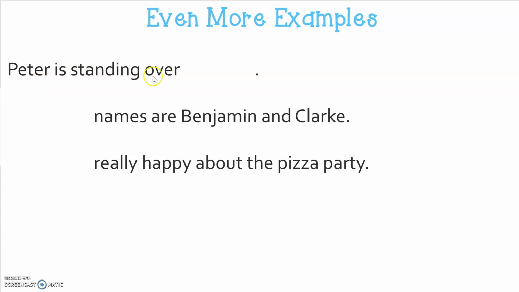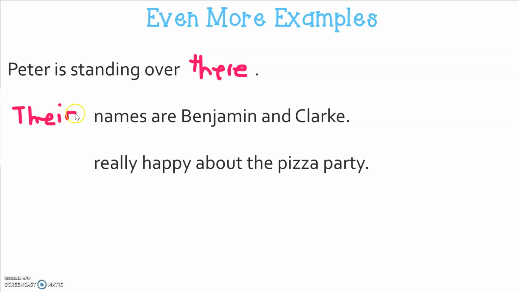Okay, one last one. Peter is standing over, I think what would go here would be there. Standing over there. Blank names are Benjamin and Clark. I think this one was about there, and their. So I'm going to say their, as in the names belong to them.